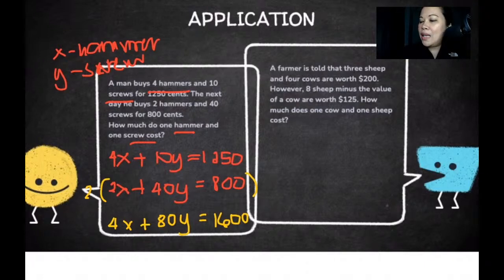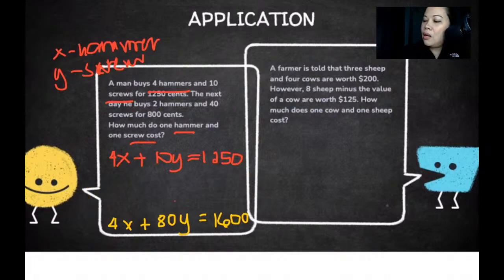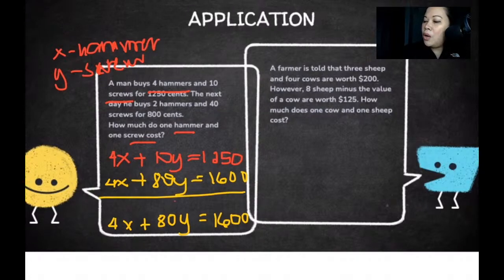Now using these 2 equations that are the same, let me just erase this, okay, and move my 4x plus 80y on top, 1,600. Now this time we can subtract.